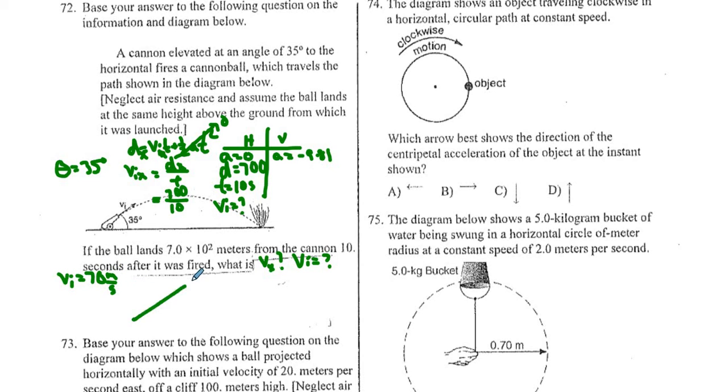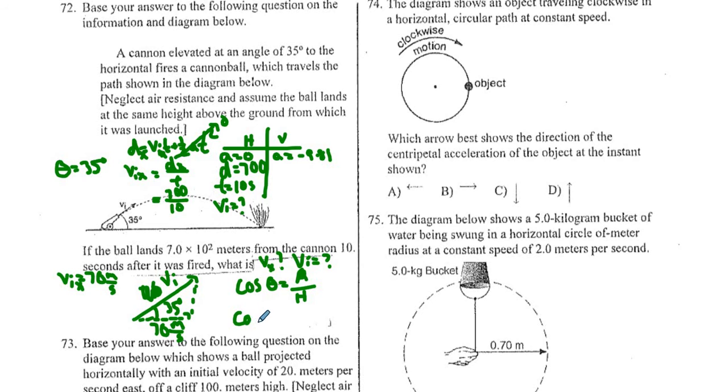Okay. So now we have to think trig. I have 70 as my hypotenuse. Oh, I'm sorry. This is the Vx. That's what I just told you. I have this as 70 meters per second, and I'm asking to find the initial velocity, the hypotenuse of it, and I know that it's 35 degrees. So this is going to be a cosine. So we have cosine of theta equals adjacent over hypotenuse.